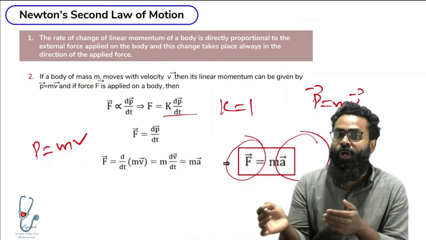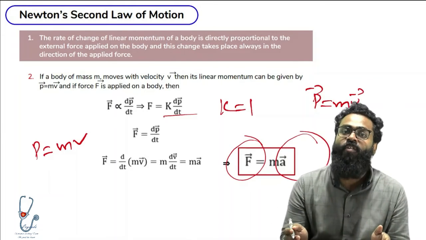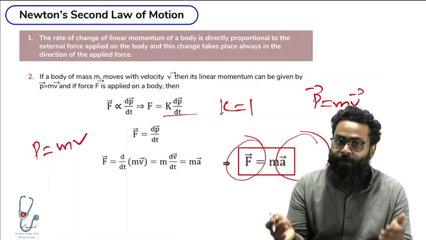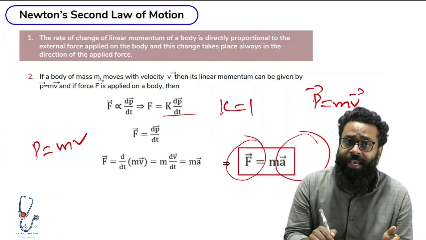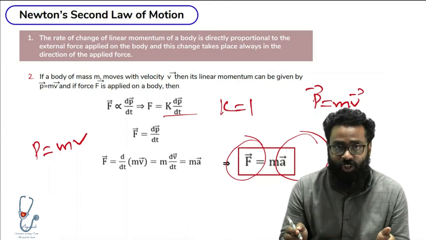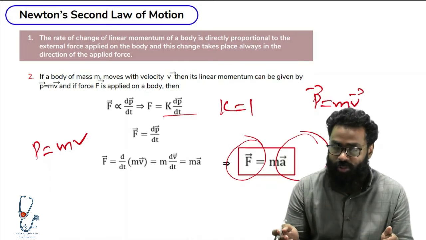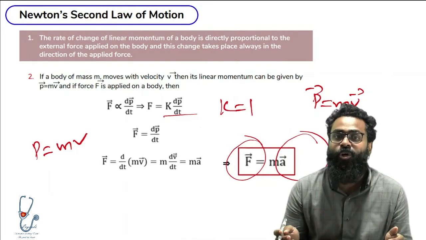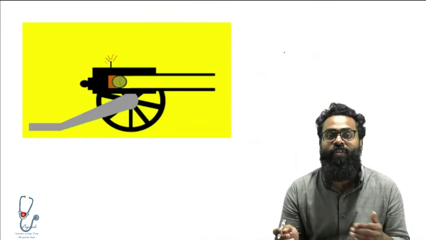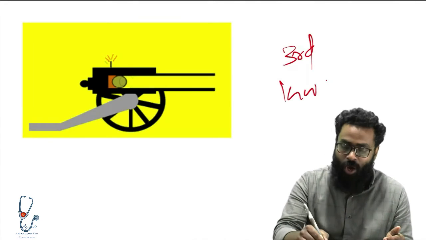And we know that p is equal to mv, and substituting it, F is equal to d by dt of mv. And separating it, we get m into dv by dt, where dv by dt is the rate of change of velocity, that is equal to acceleration, which gives F is equal to ma. This is the derivation of the second law of motion, and we have to move on to the third law of motion.